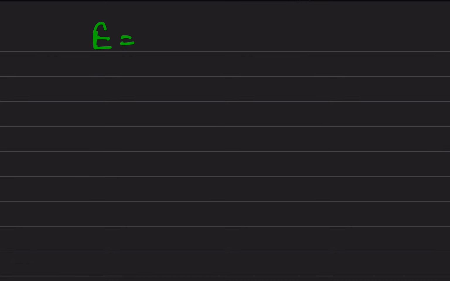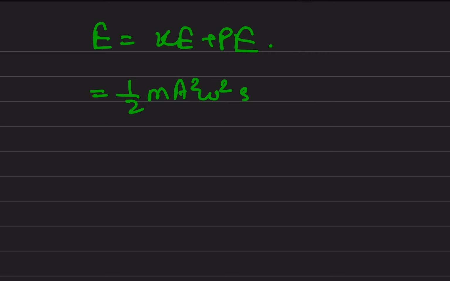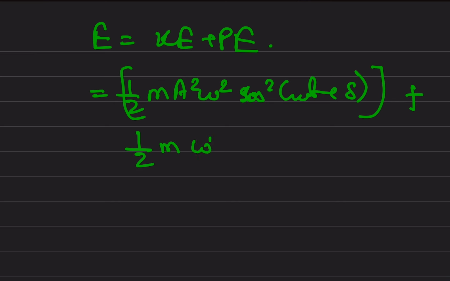The total energy is equal to kinetic energy plus potential energy. The kinetic energy we found was half m a square omega square cos square (omega t plus delta). The potential energy was half m omega square a square sine square (omega t plus delta).